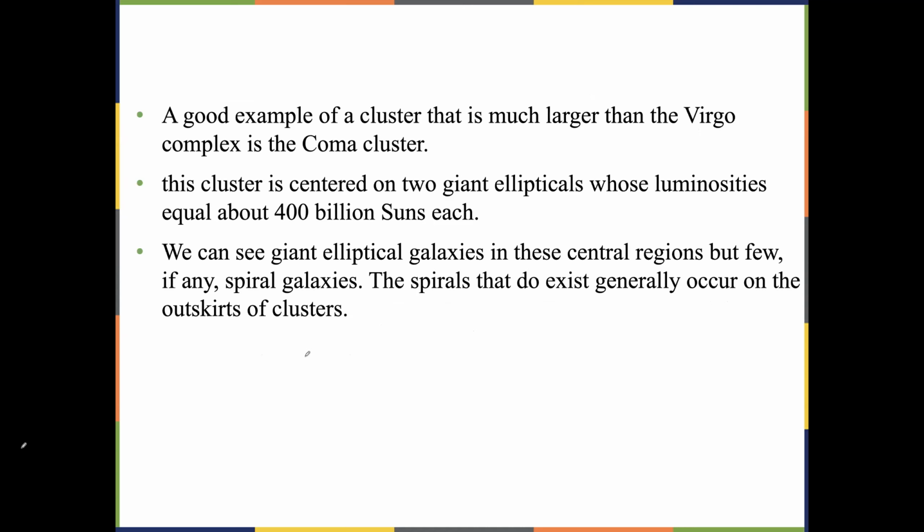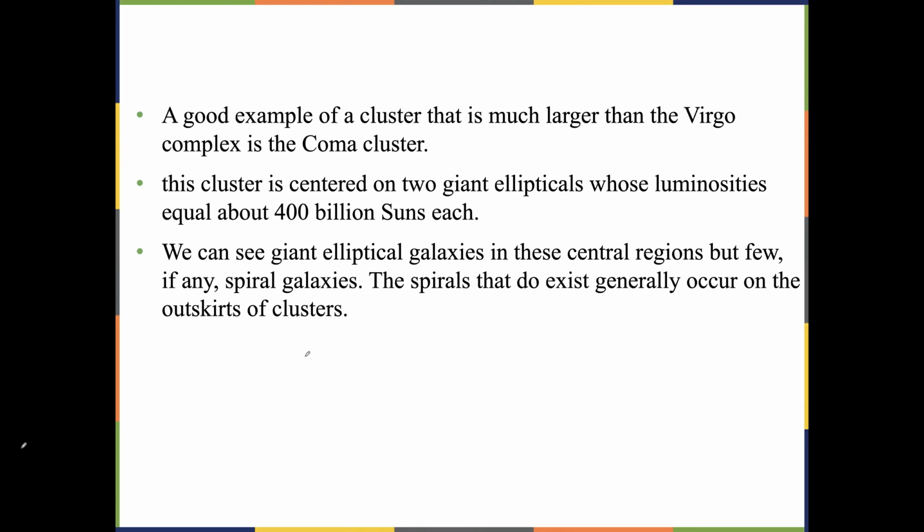Now, a good example of a larger, richer galaxy cluster is the Coma cluster, right? So that is one of the popular galaxy clusters. And this cluster is centered on two giant ellipticals. So that means at the center of this galaxy cluster, you have two large elliptical galaxies, and each of these galaxies is about 400 billion suns.